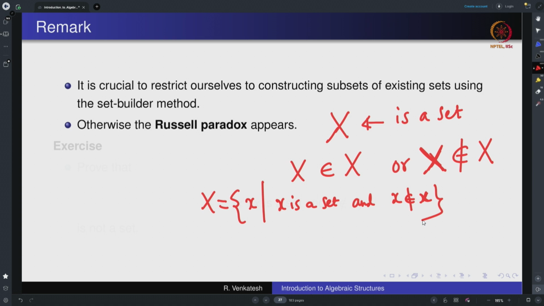If you think about it, both will give you a contradiction. If X is inside capital X, then using the property that defines the collection capital X, that would imply that capital X does not belong to capital X. So, this leads to a contradiction.